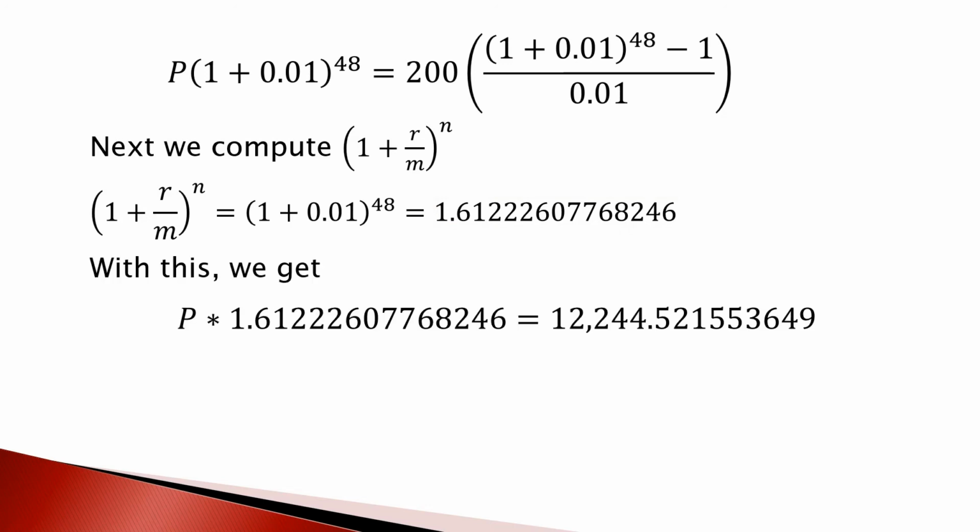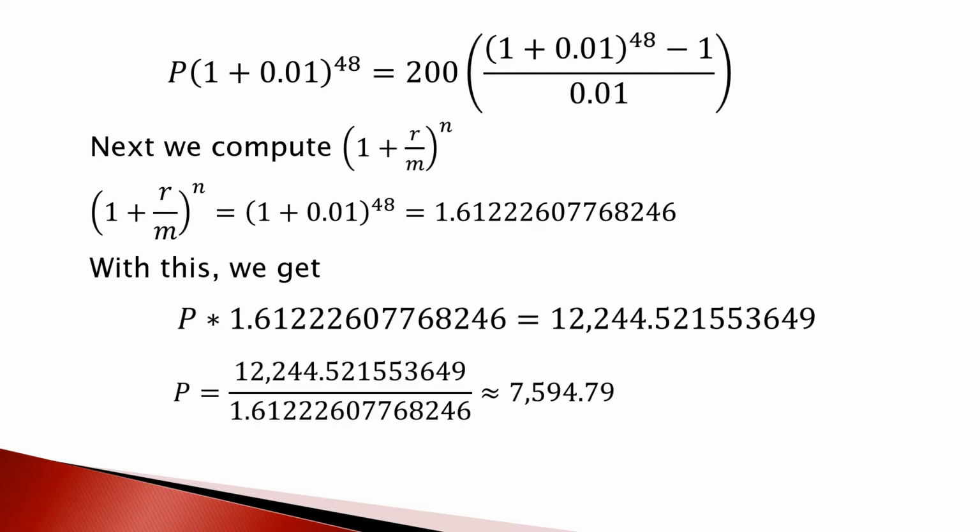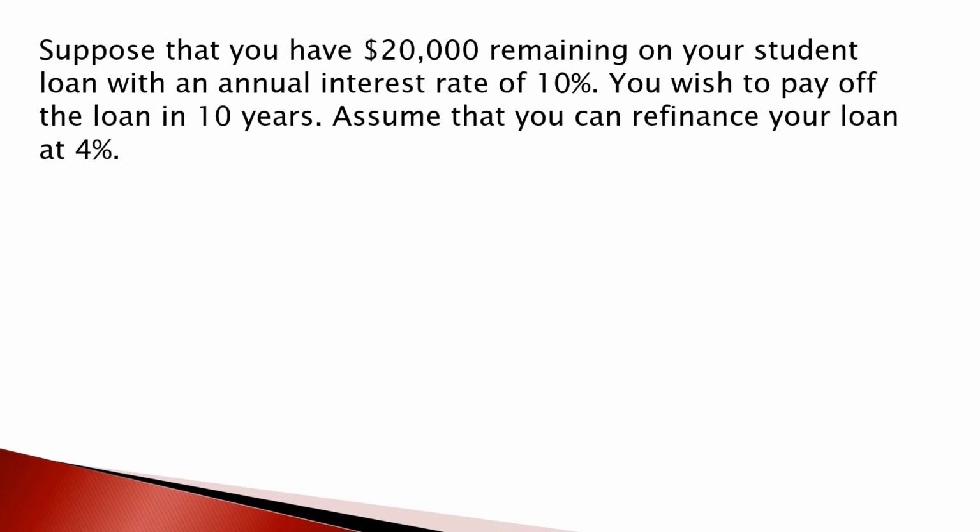With this, we get this quantity, but we need to find P. So how do we isolate P? You divide both sides of this expression by the number that is next to P. So P is $7,594.79.